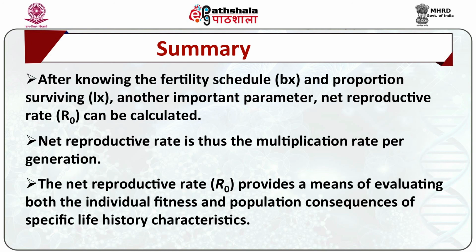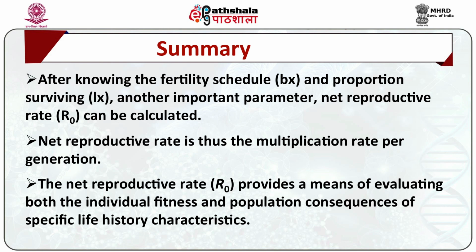After knowing the fertility schedule Bx and proportion surviving Lx, another important parameter, that is net reproductive rate capital R naught, can be calculated. Net reproductive rate is thus the multiplication rate per generation.